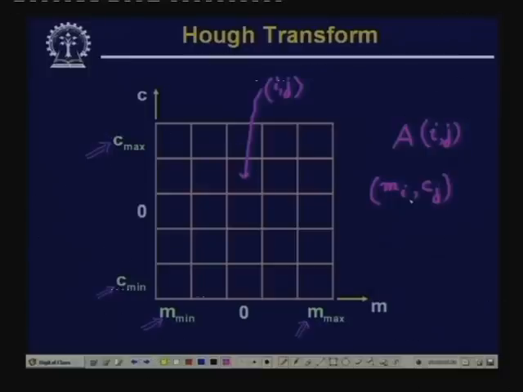And for implementation, what we do is we initialize each of these accumulators to 0. So, initially A i j is set to 0, and that is our initialization.